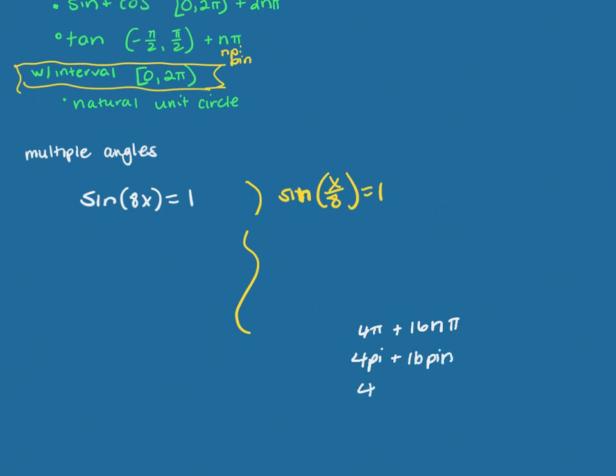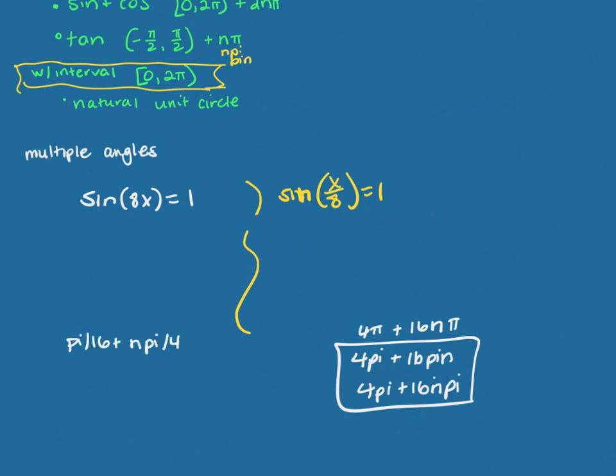It would either be like that, or pi n, or like that. This would be pi slash 16 plus n pi over 4, or pi slash 16 plus pi n over 4. Again, those will be typed in answers, so keep that in mind.